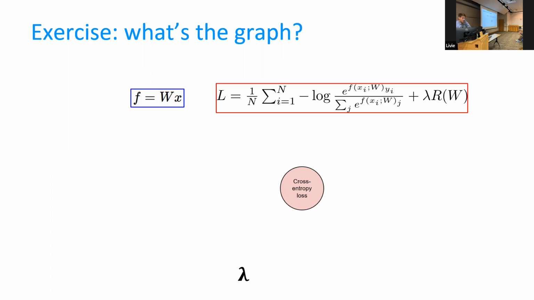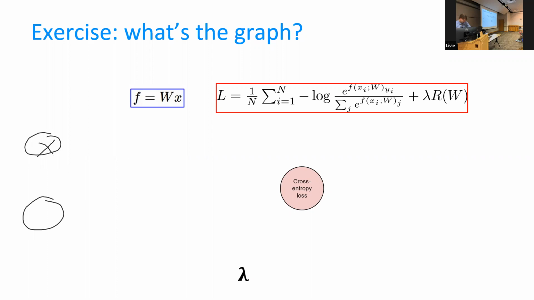I love indexing. So what should be my first node in this computation graph? What are we gonna put there? We're gonna put X. What should be in my second node of the computation graph?